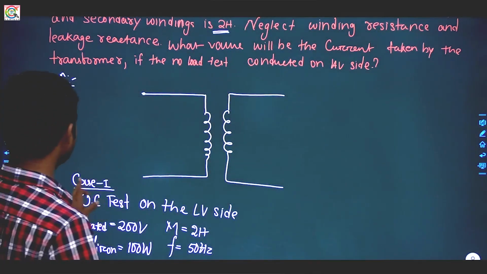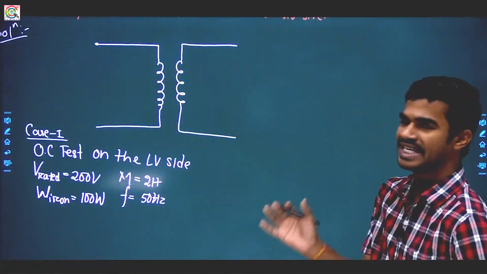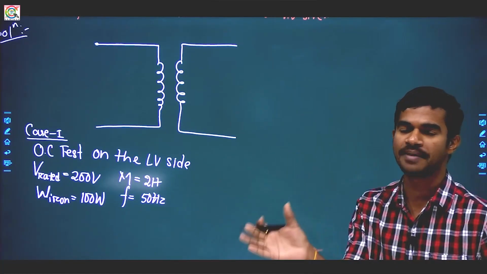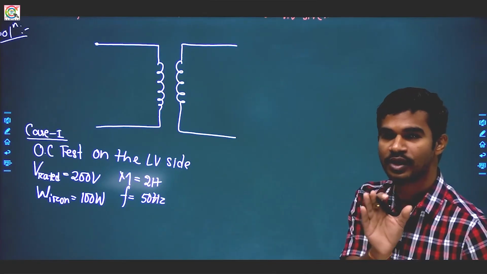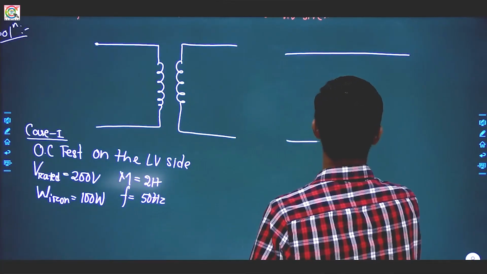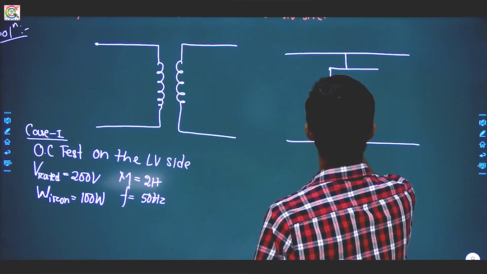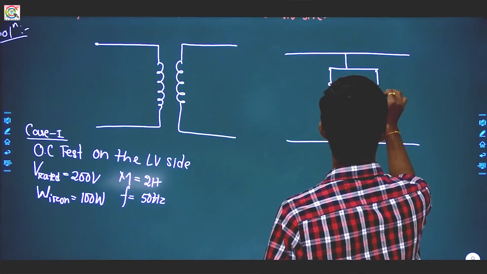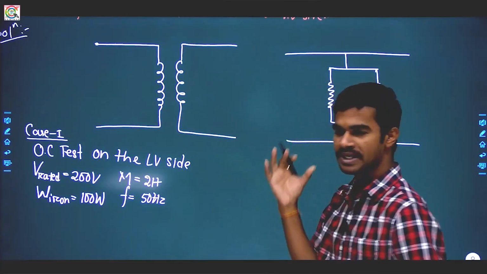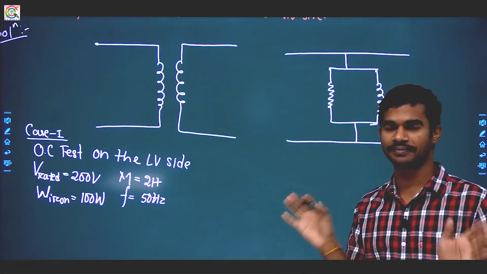Now I have to draw the equivalent open circuit test circuit with respect to the primary side, the low voltage side. This is the equivalent circuit, and of course for the open circuit test the load branch is absolutely absent.